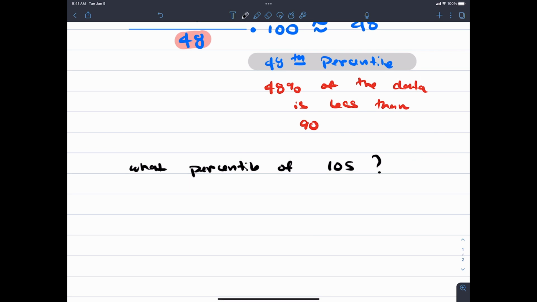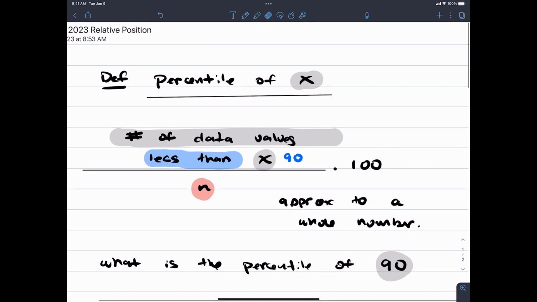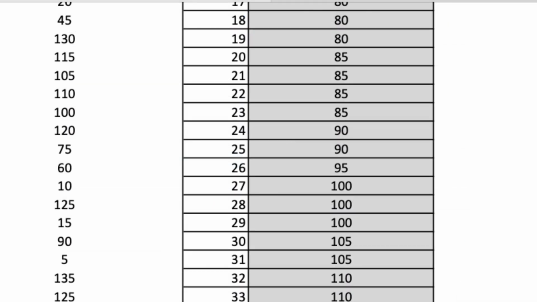Okay, what do you have to do to answer this question again? You're going to use the definition. This time you have to count scores that are less than 105. Good. So we're going to look for 105. It's there. Tell me, ladies and gentlemen, how many scores are actually less than 105?